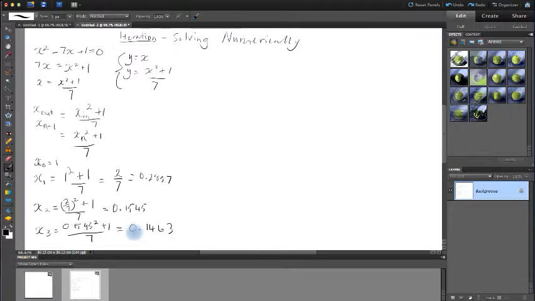If we were to go to x4, my new answer would be 0.1459. Now you can see that this output is very close to this input, whereas the difference between input and output was a fair bit before. So this is very, very close to the answer that we're looking for.